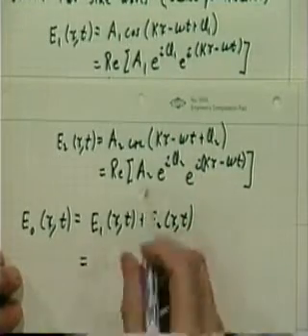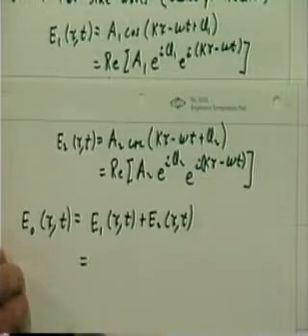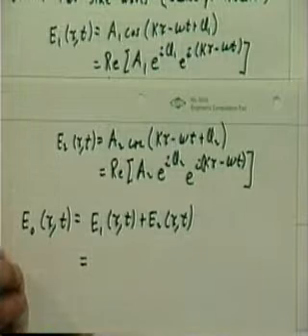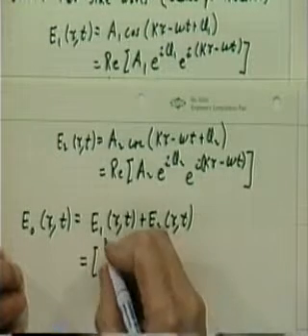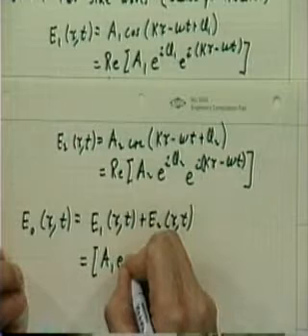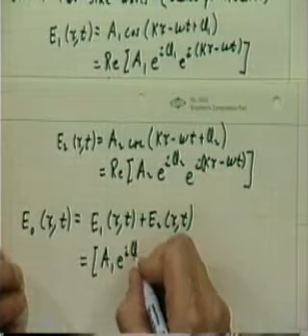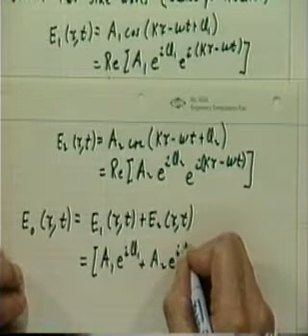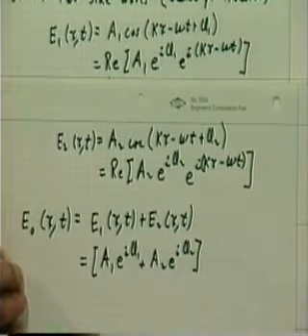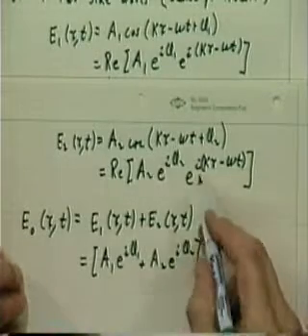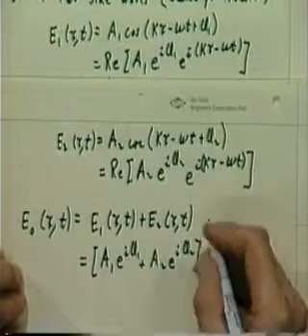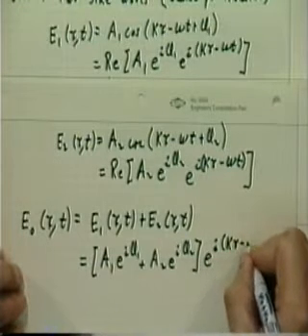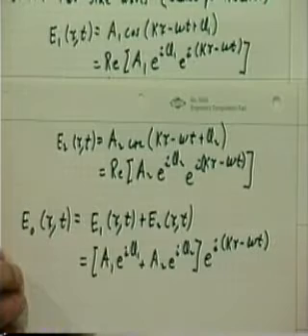And I'm not going to write down the real part anymore. You all know that. I'm just going to add these two guys here. And so that's A1 e to the i phi 1 plus A2 e to the i phi 2, times, well, we had this common thing in both of them, e to the i kx minus omega t, and that's it.